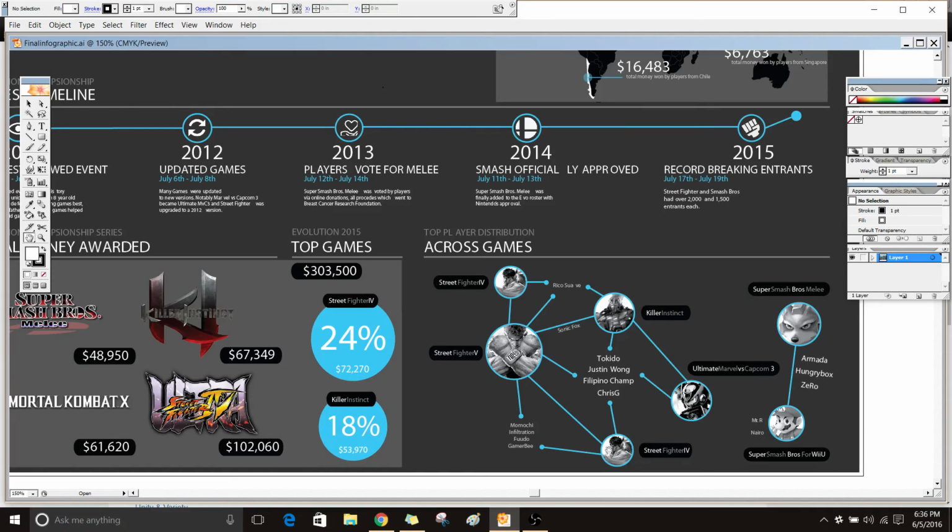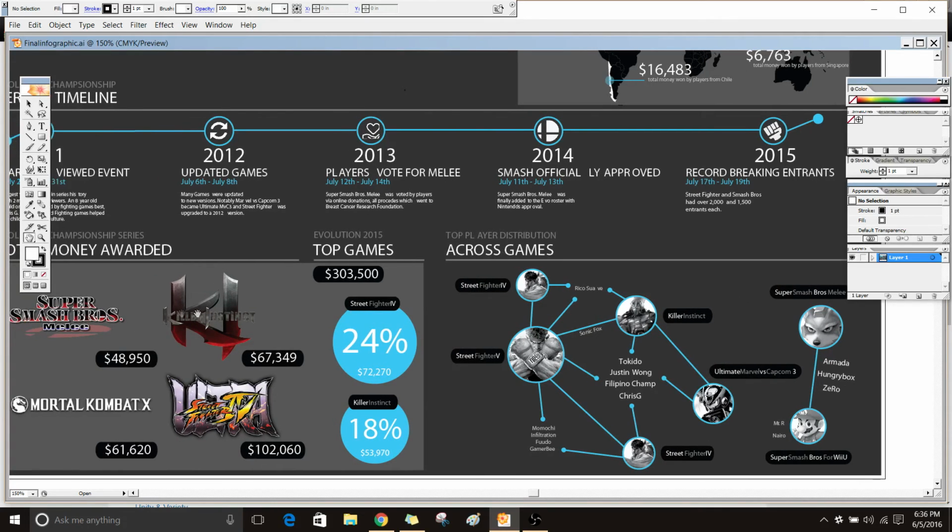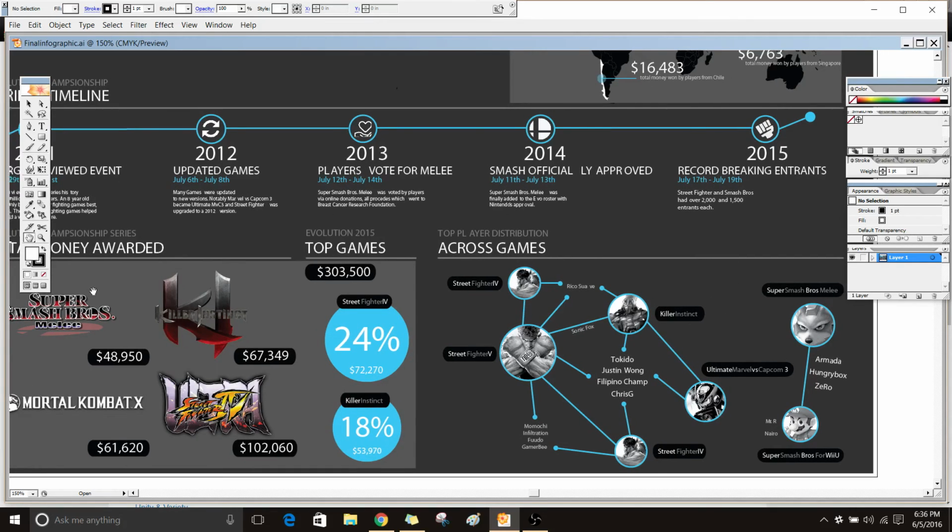And I've grayscaled these images to try and create a sense of unity as well, because if they were colored, they would clash with the color model. But you can also see over here that these are colored, but I did that intentionally because that creates a sense of variety, since these are the only elements that are colored. So that creates a sense of variety over here.